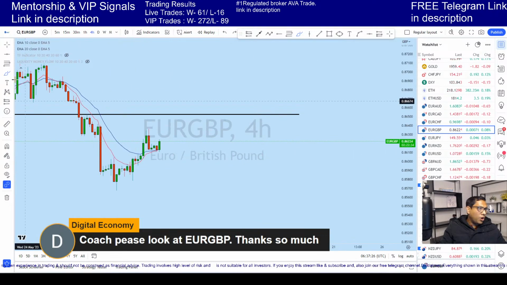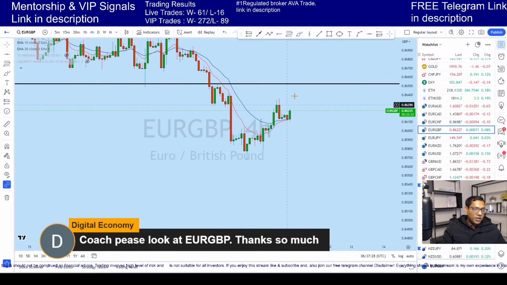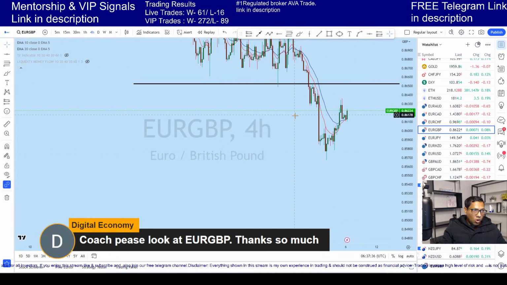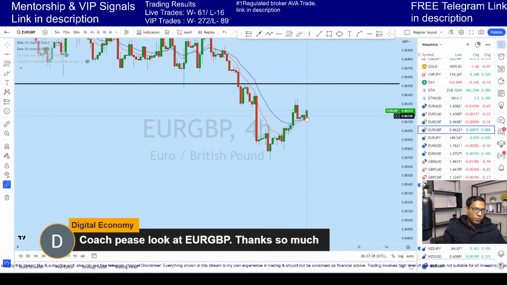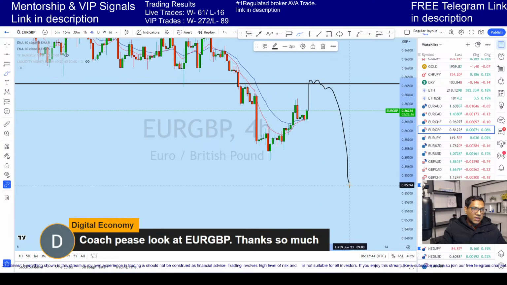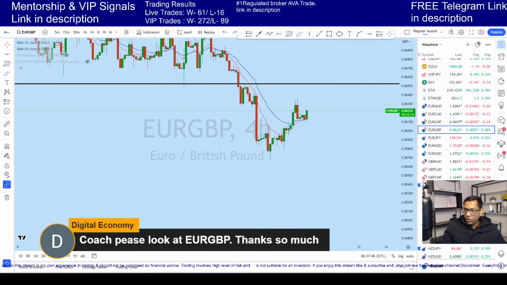So at this point we could see locally bullish, but we don't know when it will start to break. Because it's a long-term downtrend, I will not be a buyer. I'll wait for the price to test this resistance and then drop. This is what I will be waiting for.